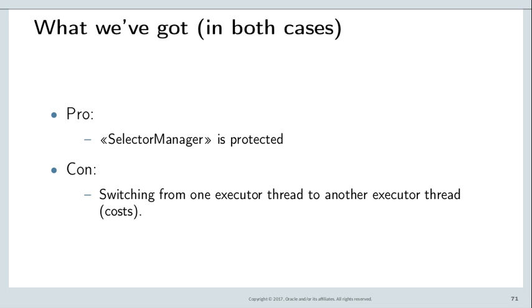Our very important thread is protected, but what did we get? We are switching from one executor thread to another executor thread, and it costs us. And for high performance, maybe it makes sense to avoid that situation.